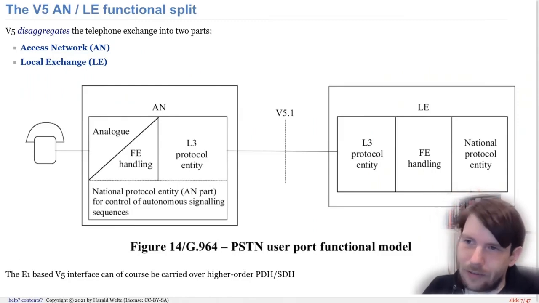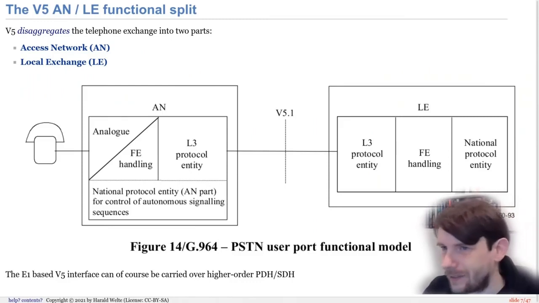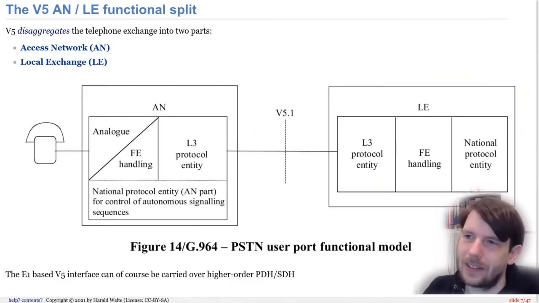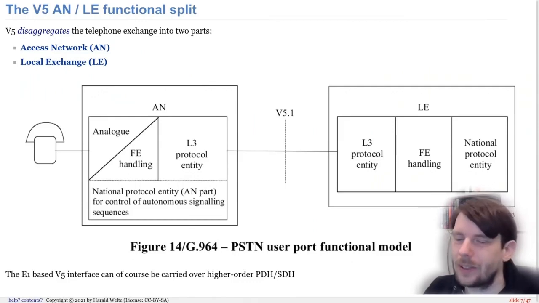And of course, you can have many of these access networks with equally many E1 lines going in between the local exchange and the access network. But since every E1 line carries 30 B channels, you have quite a high multiplex rate between the number of subscribers you can terminate in the access network versus the lower number of actual physical lines you need towards the local exchange.